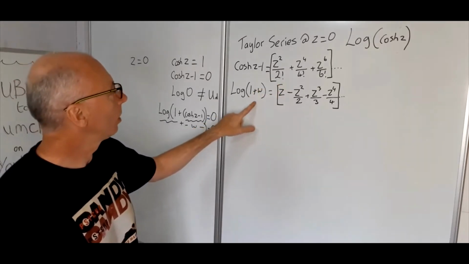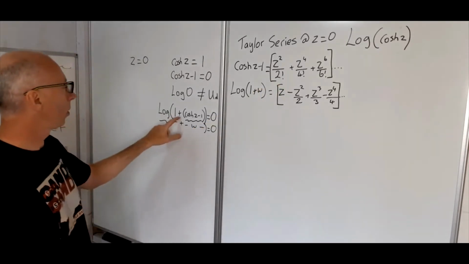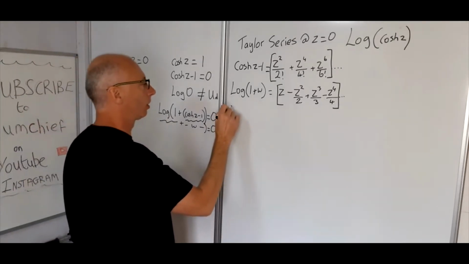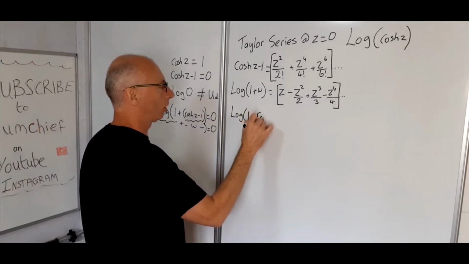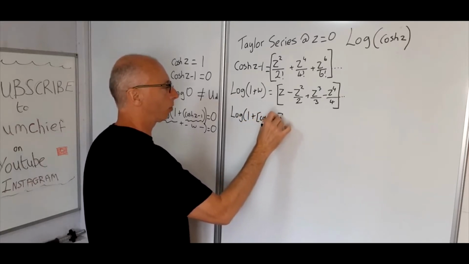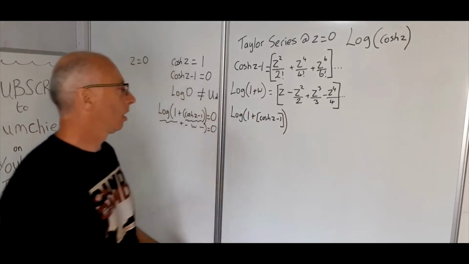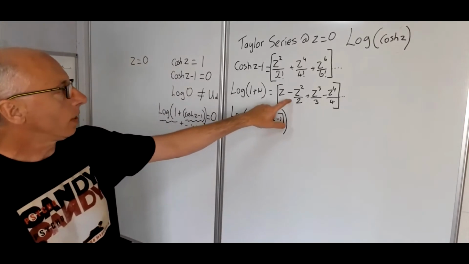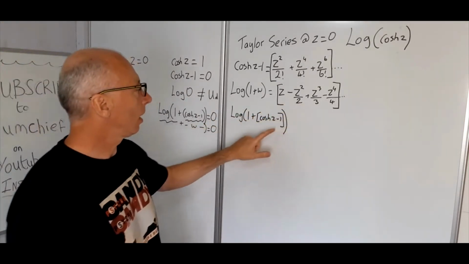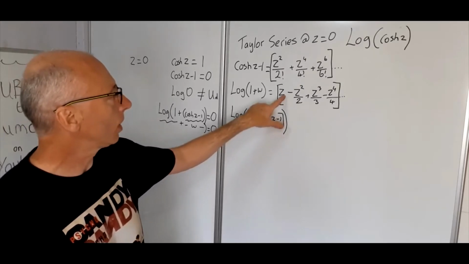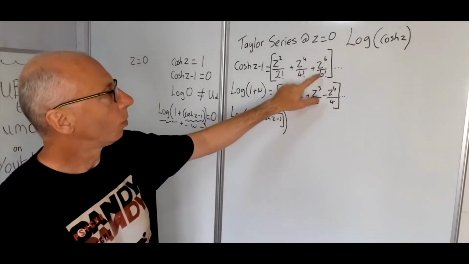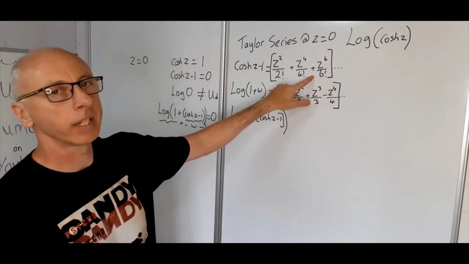We want now log of 1 plus cosh of z minus 1. So log of 1 plus cosh of z minus 1. So we take this series here, and what we use is this cosh of z minus 1, wherever there's a w, we plug in this series here.